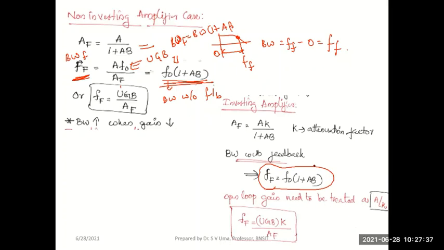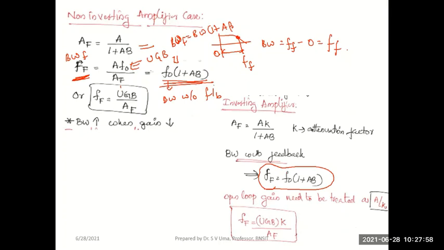Okay. And we have something called the transition frequency, Ft. That Ft is the product of unity gain bandwidth into a ratio K divided by the value AF.